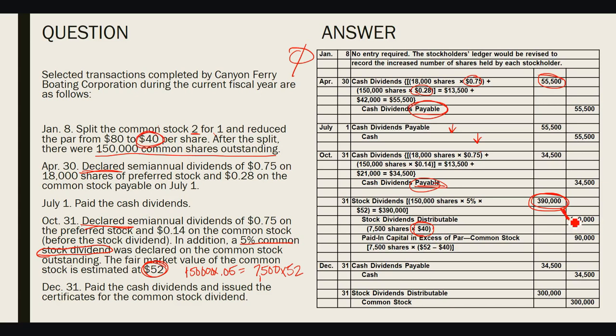The difference between the two is recorded as a credit and stored in the paid-in capital in excess of par common stock. On December 31st, we pay out the cash dividends and we issue the stock dividends. So here we have the cash dividends being paid and the stock dividends being paid. Remember, the word distributable makes this a liability, a promise to issue. And I hope that this was helpful.